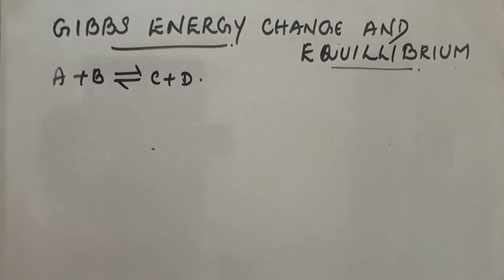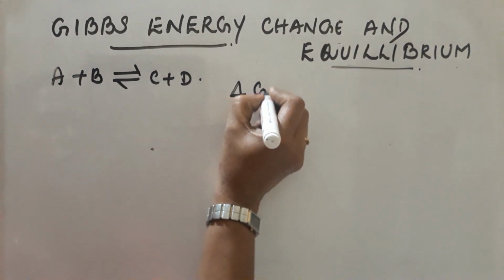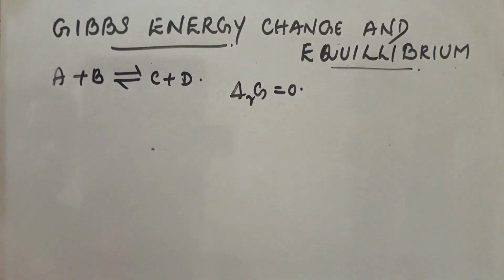So it is only possible that at equilibrium the free energy of the system is minimum. That is, delta G of R will be equal to 0. This is at equilibrium. Now this free energy is related to the equilibrium constant.